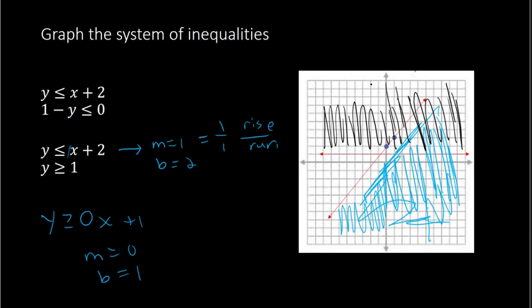My final shading for this graph is where these two overlap. Notice the shading overlaps right here in this little area. So for my final answer, I shade in that area, and I can erase everything else.